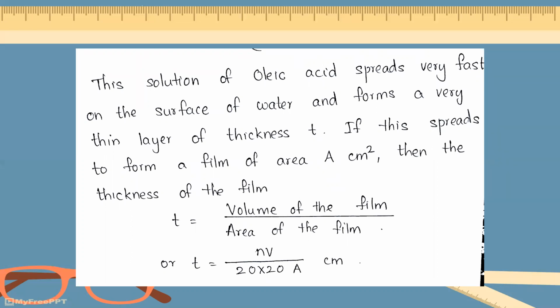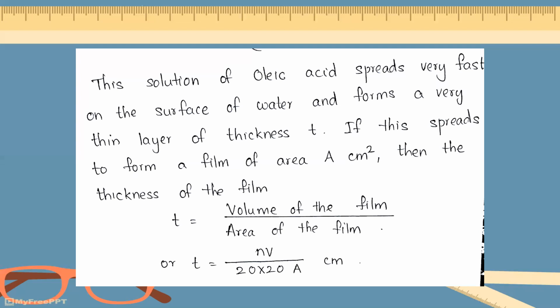So now we have to find the thickness. How to find the thickness? Cross sectional area, that is the area of the surface, and the thickness: the product of the area and the thickness is equal to volume.